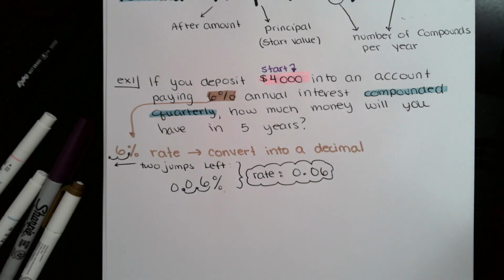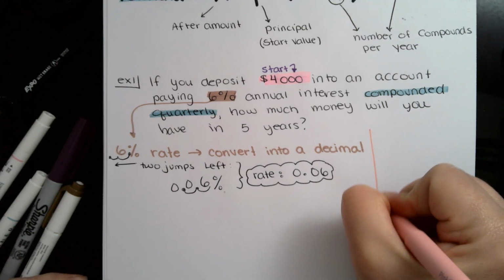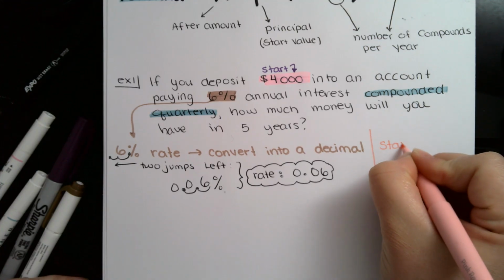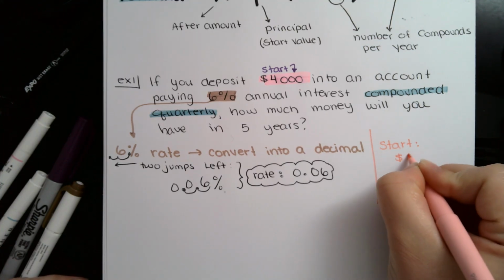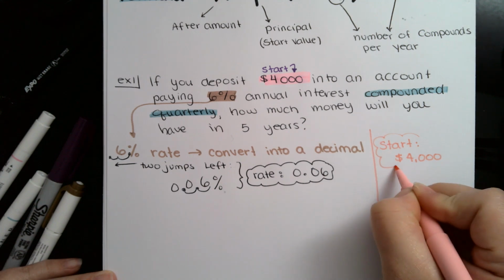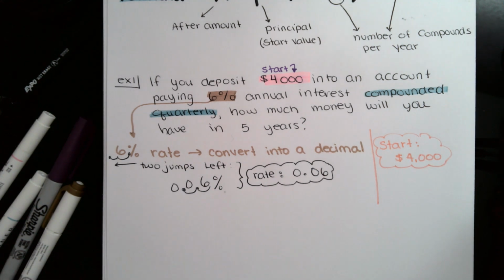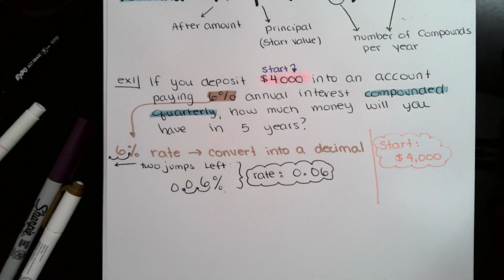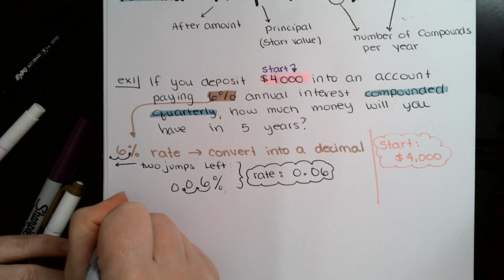The starting amount was $4,000. Now we have compounded quarterly. We need to define that.